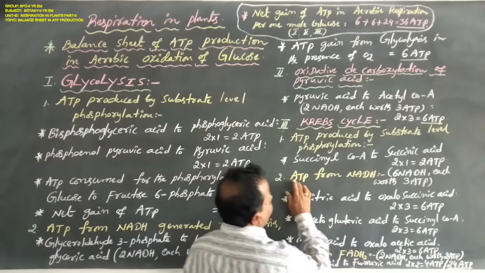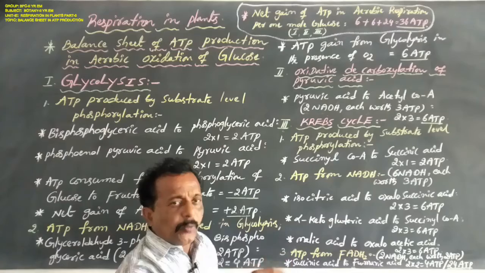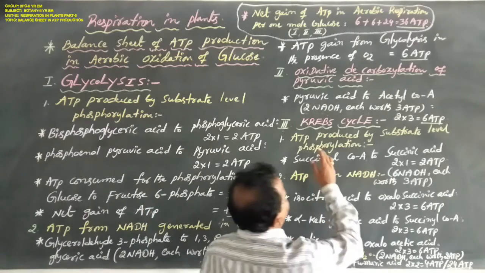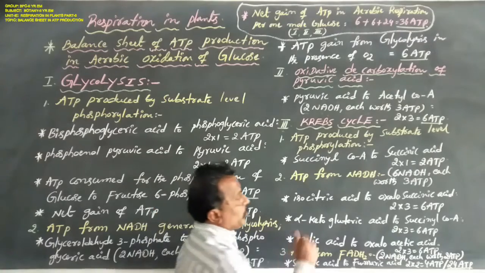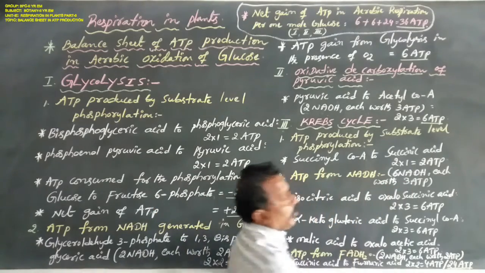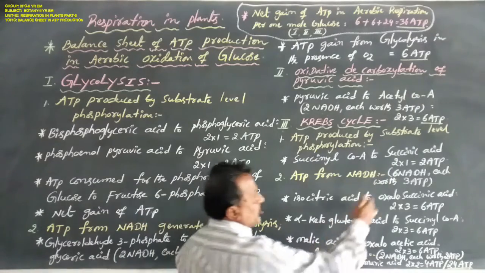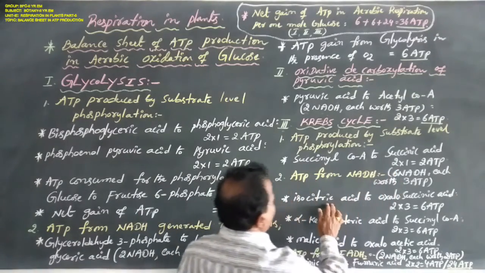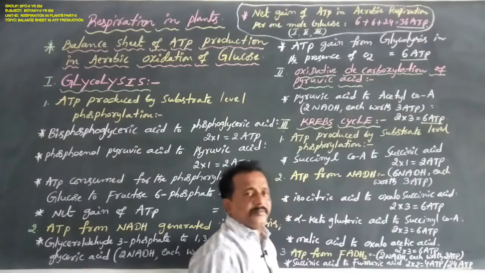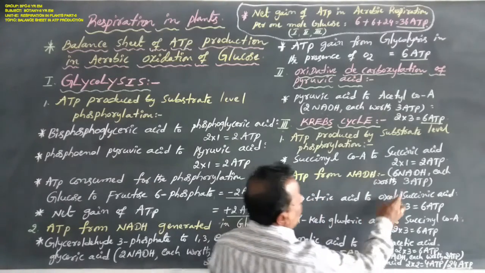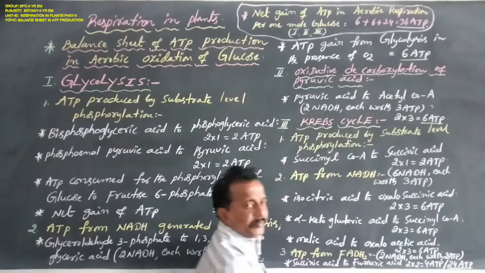Second, ATP from NADH. How many NADH are found in the Krebs cycle? 6 NADH, and each gives 3 ATP molecules. Isocitric acid to oxalosuccinic acid forms 2 NADH, so 2 times 3 is 6 ATP.